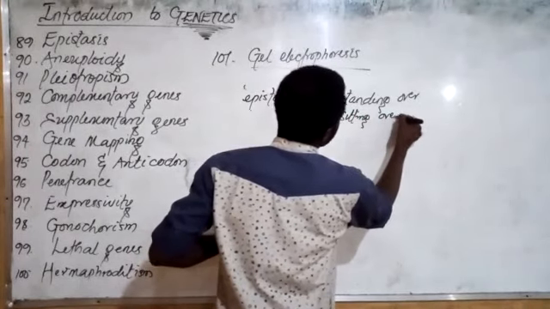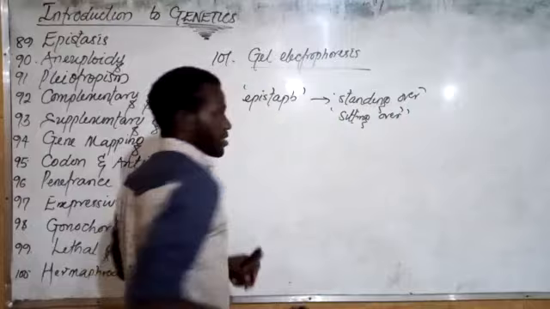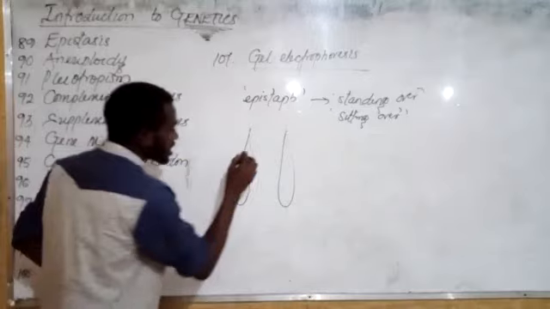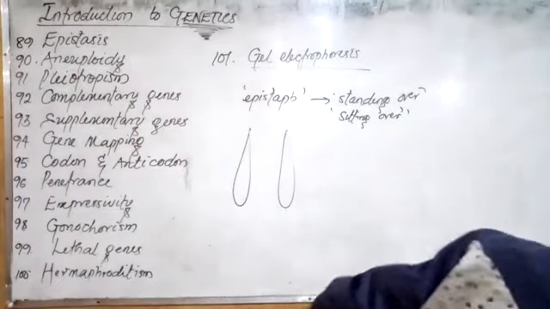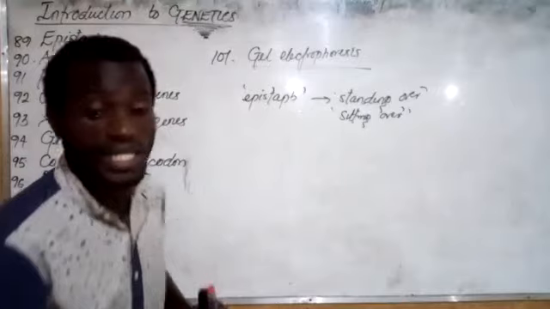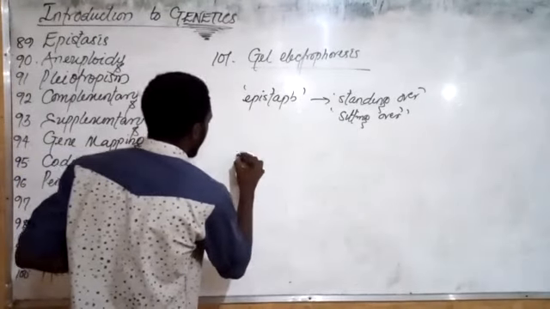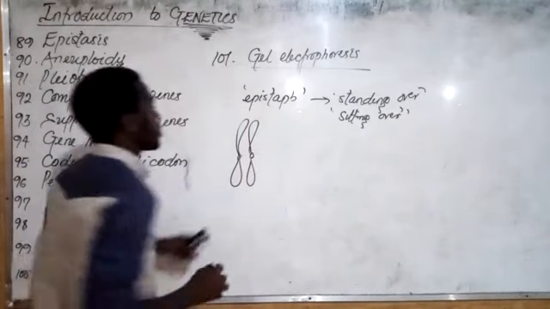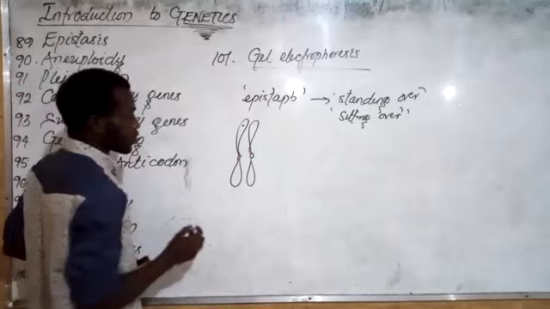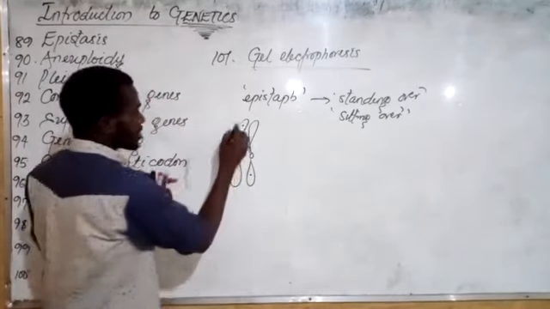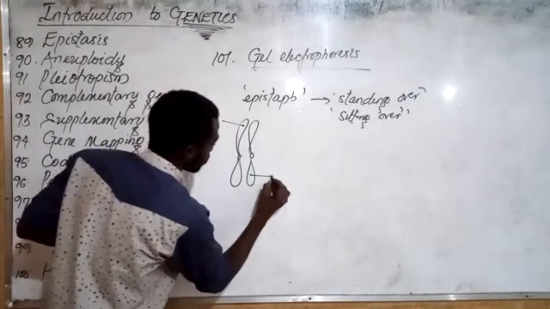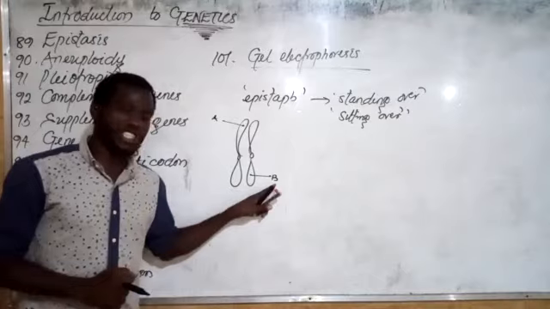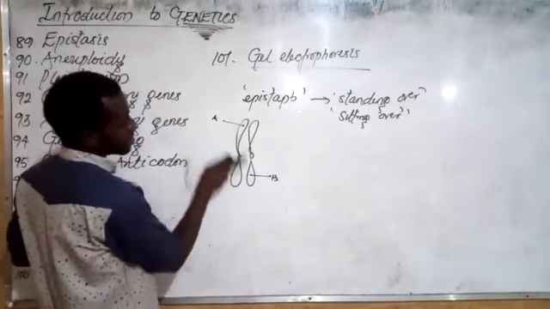All right. Now, this is the idea in epistasis: a gene at one locus. Let me draw the chromosome such that it shows the centromere. Now, a gene at a particular locus, let's say a gene at this locus and a gene at this locus. Let's call this gene A and let's call this gene B. If gene A is epistatic over gene B, it means that they are not in the same locus, of course.